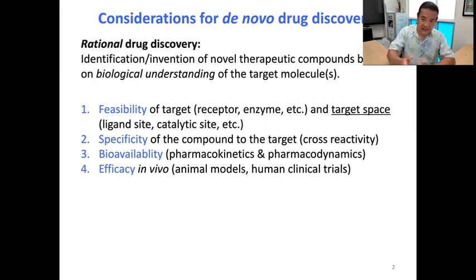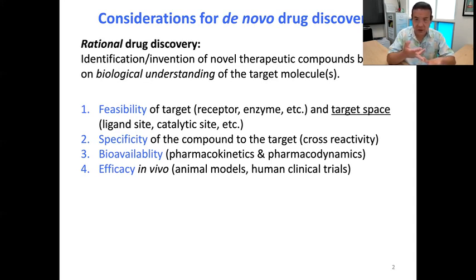And last time we ended with a discussion that when you approach drug discovery from a de novo or brand new perspective, designing something new, you have to deal with things like the feasibility of the target. What is your target? How does it work? The specificity of your drug, right? If it targets your particular molecule of interest, there's probably a good chance that it might target other molecules in the cell as well.